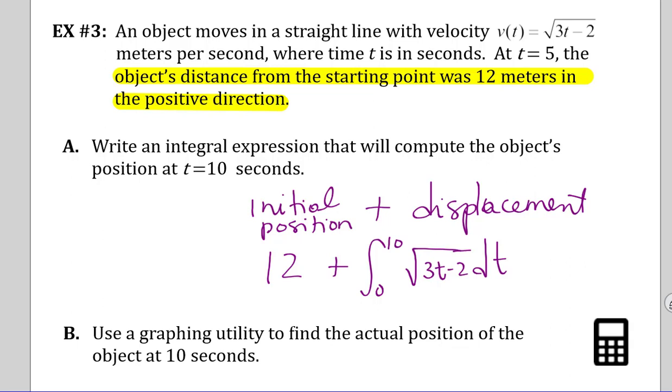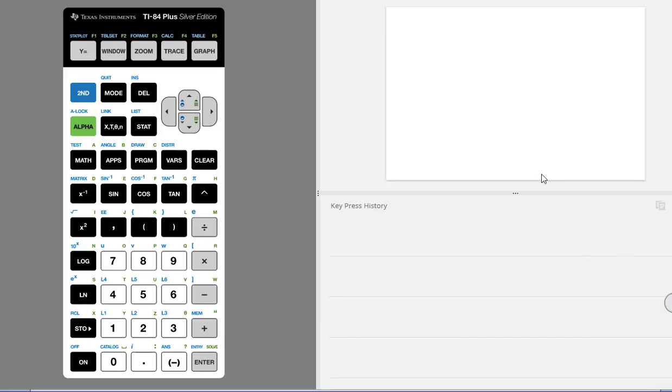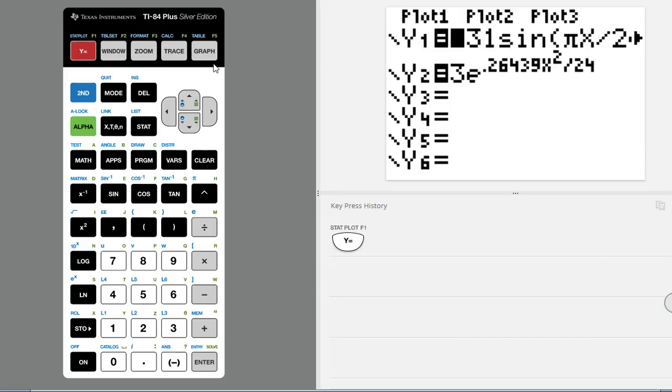Okay, that's our integral expression for the actual position. Then it says use a graphing utility to find the actual position of the object at 10 seconds. All right, so let's see if we can use our calculator to help us with this. On my y equals list, I'm going to go ahead and put that function in.